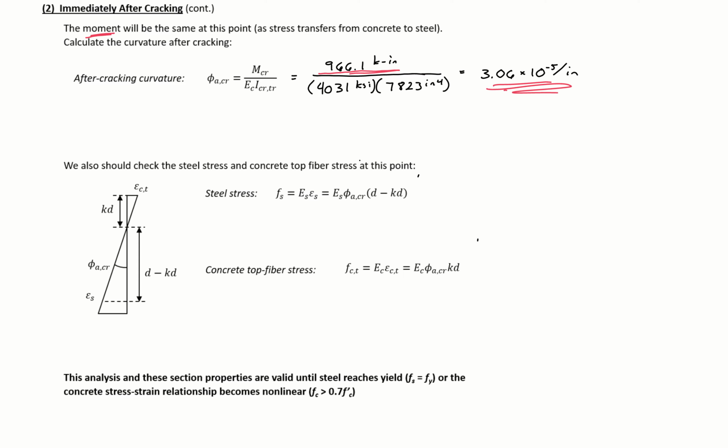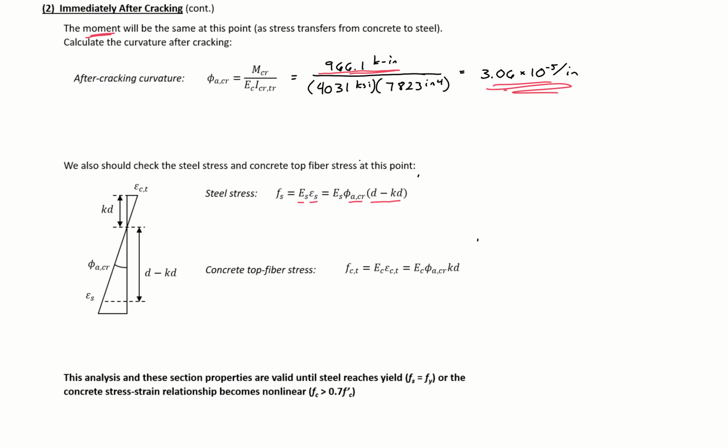We can then use this curvature and our KD and our d to find our steel stress and the concrete top fiber stress. So our steel stress is just equal to our modulus times our strain, where our strain here is equal to our curvature times the distance between the neutral axis and the centroid of our steel.